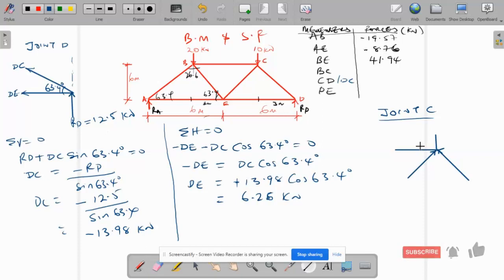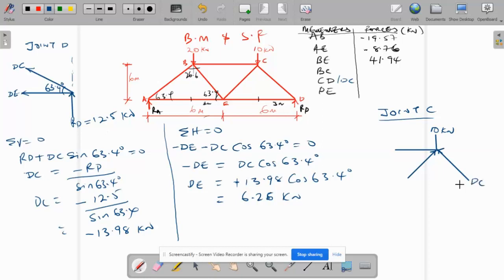So here we have 10 kilonewton. This is 10 kilonewton, which is at this joint C. We call this joint C. So here is our DC.